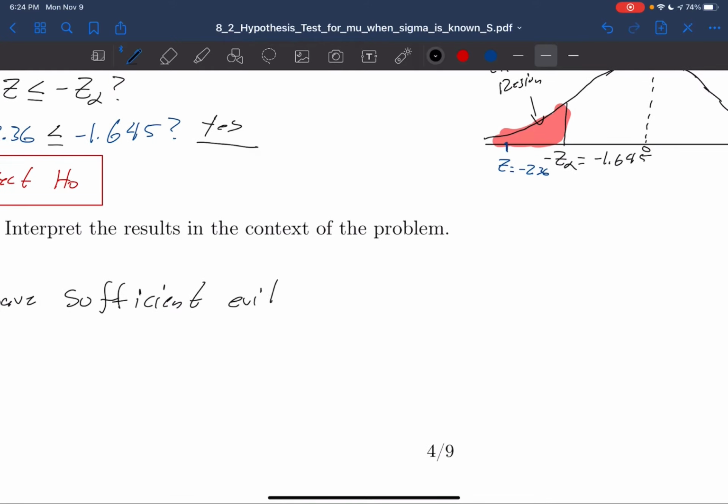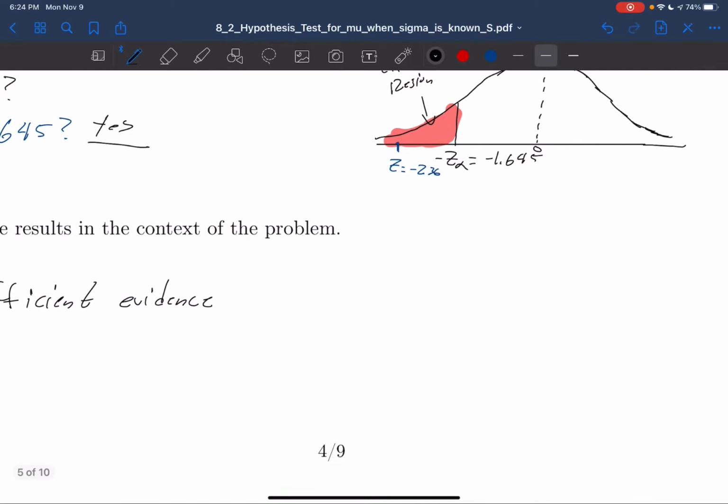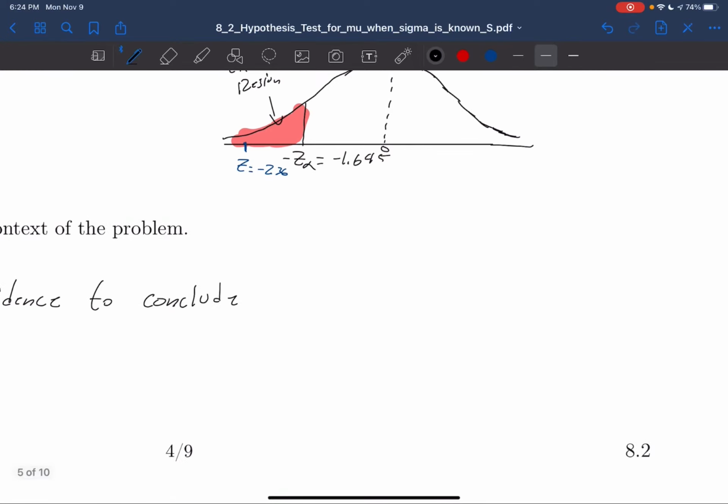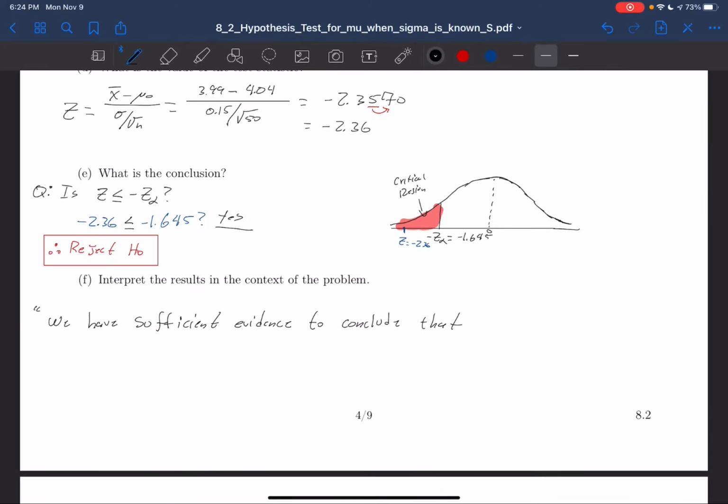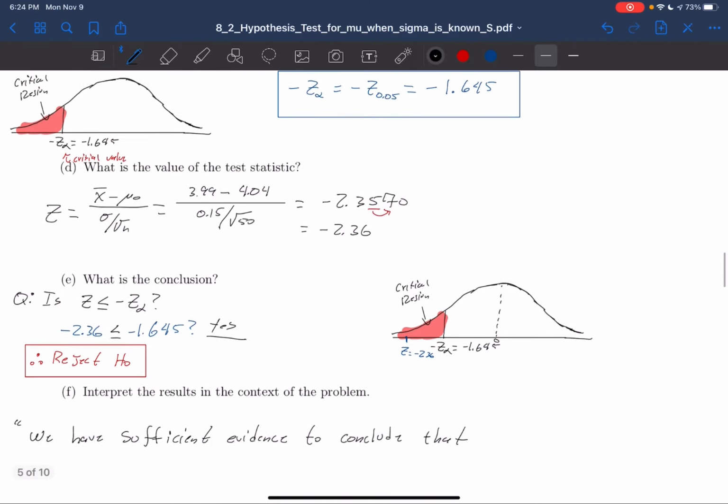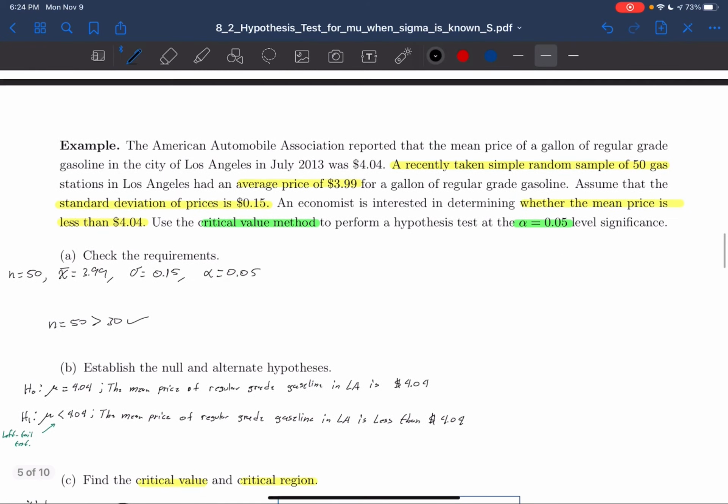So here, we could say that we have sufficient evidence to conclude that the mean, and this is why I always write down my null and alternative hypothesis.